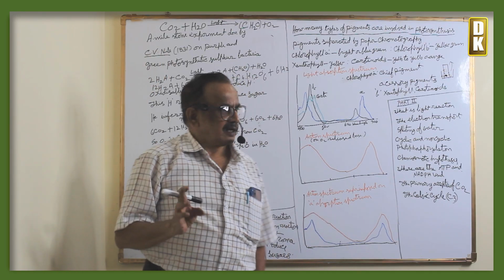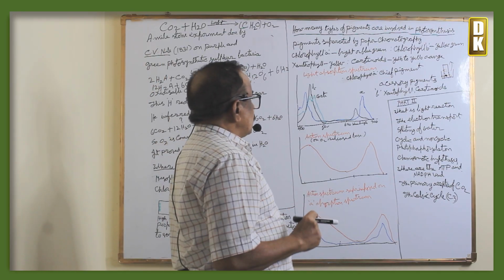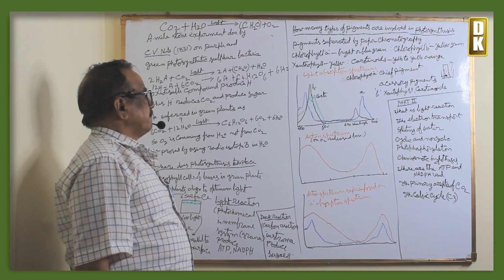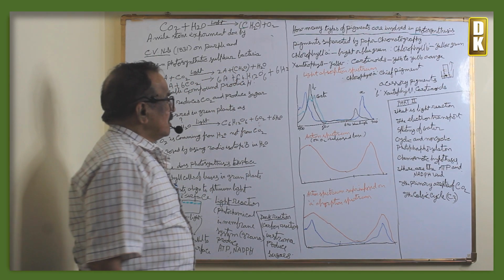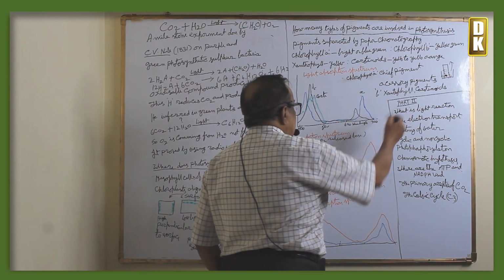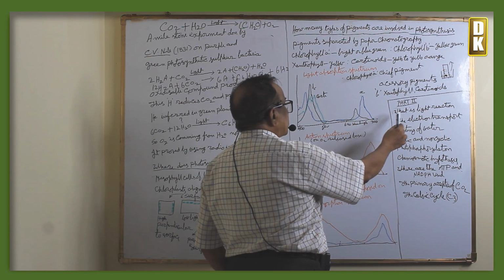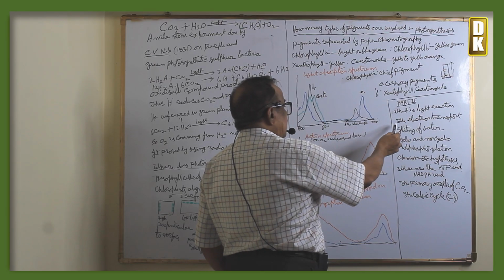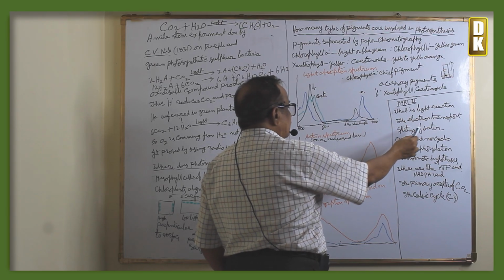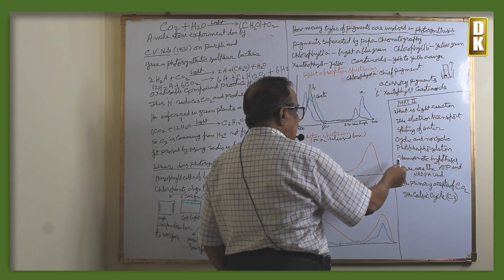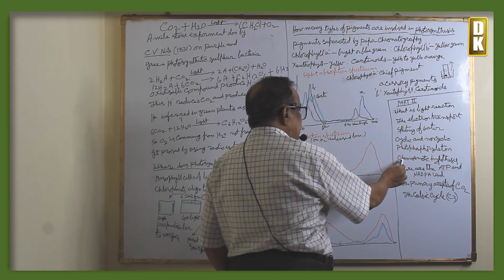Now part 2, and this is why I have done the photosynthesis chapter in 3 parts. In part 2 I am going to discuss these sub-chapters. What are they? What is the light reaction, electron transport, splitting of water, cyclic and non-cyclic photophosphorylation, and the chemiosmotic equation, which is more important.